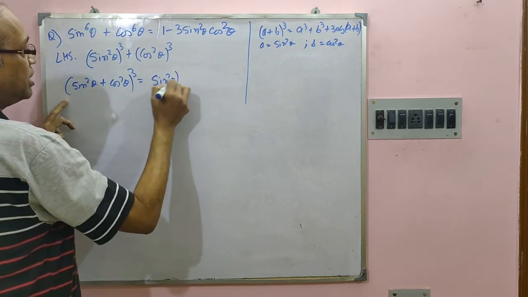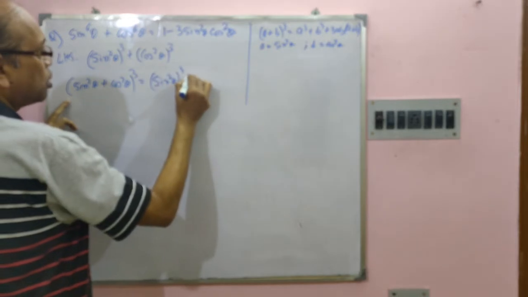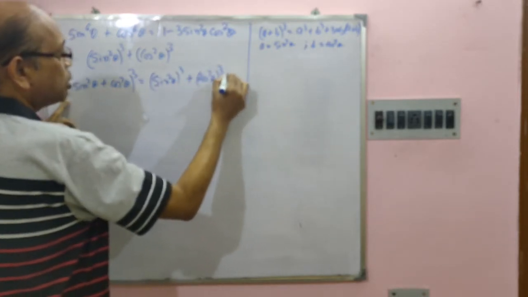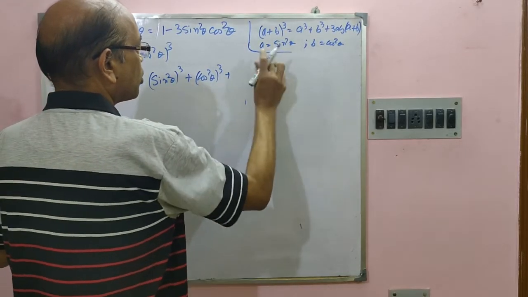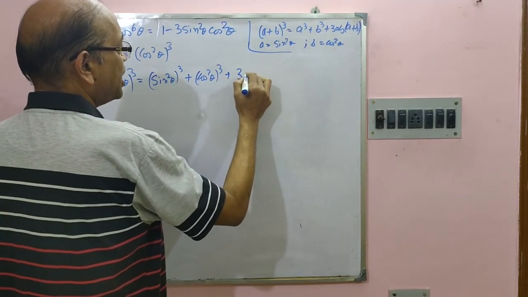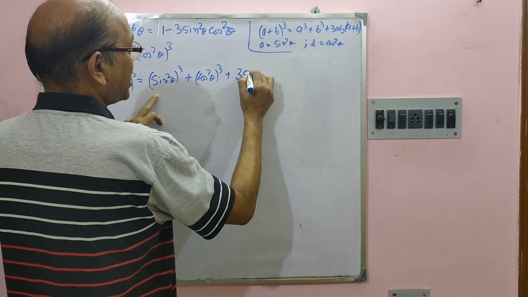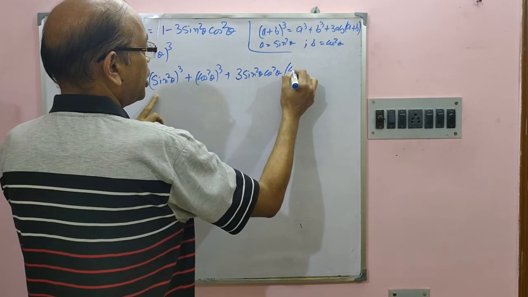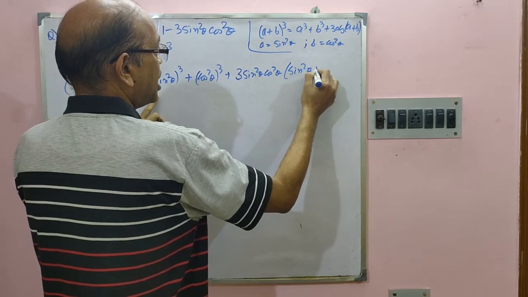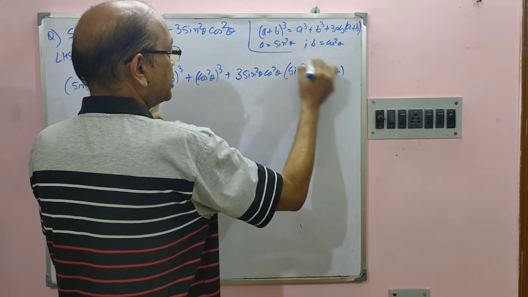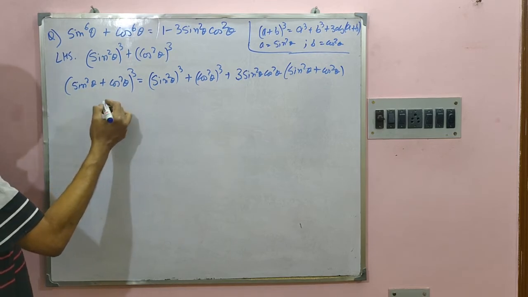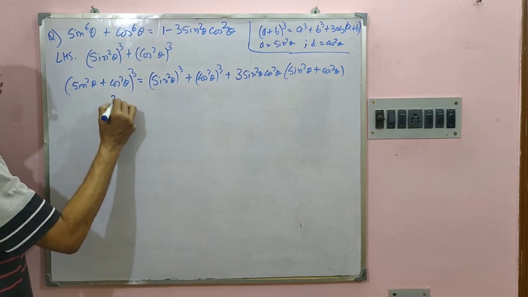can be written as sine square theta whole cube plus cos square theta whole cube plus 3a. A is sine square theta, cos square theta into a plus b is sine square theta plus cos square theta. Correct? But we know sine square theta plus cos square theta is 1. So it's 1 cube.